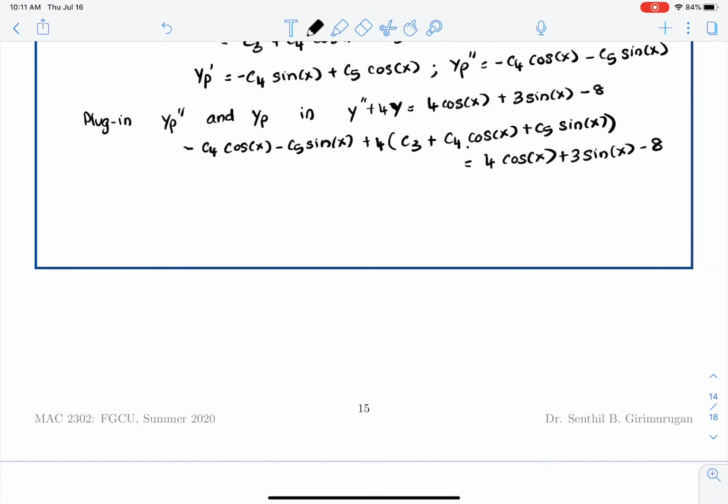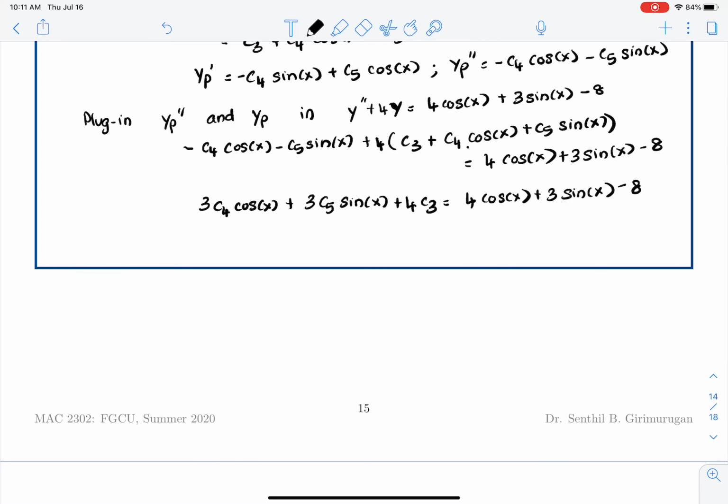So if we combine the terms, we would end up getting 3 c4 cosine x plus 3 c5 sine x plus 4 c3 equals 4 cosine x plus 3 sine x minus 8.